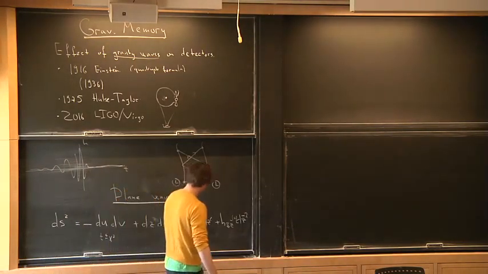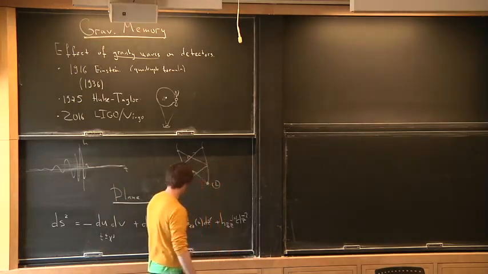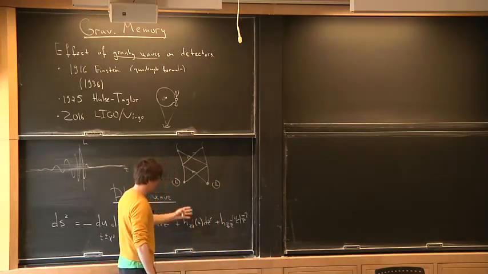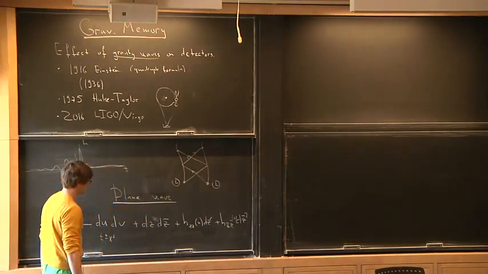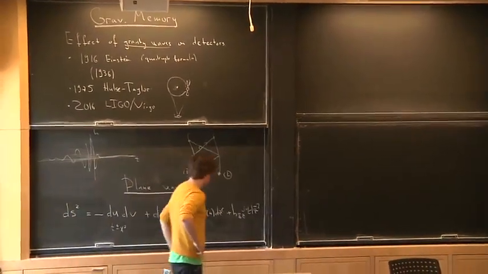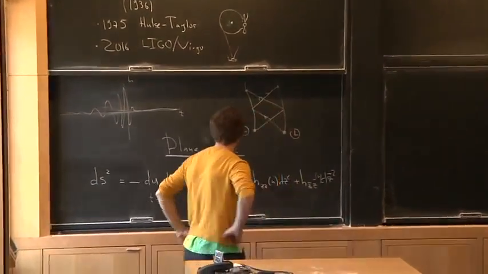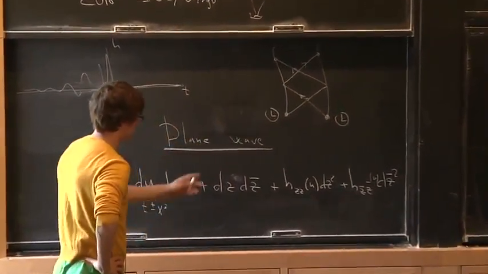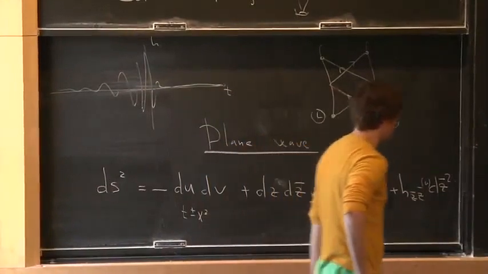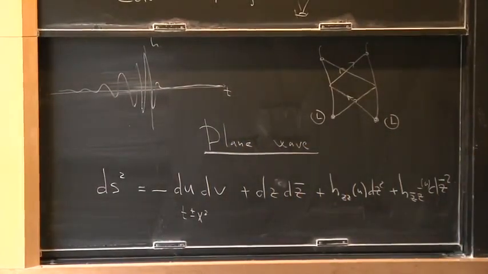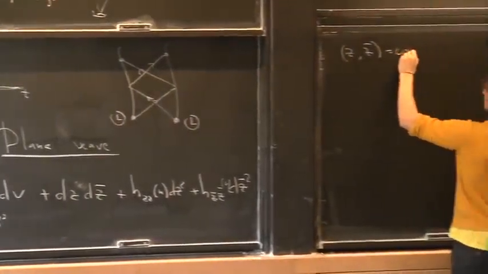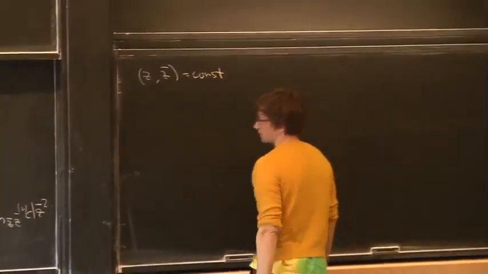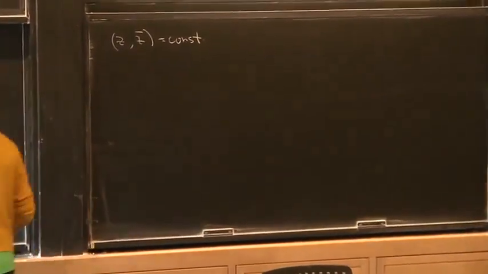Well, the dependence on u is the profile of the wave. So that's this plot. Now you can check also in this space-time that if you consider a particle at constant z and z bar, it's a geodesic.